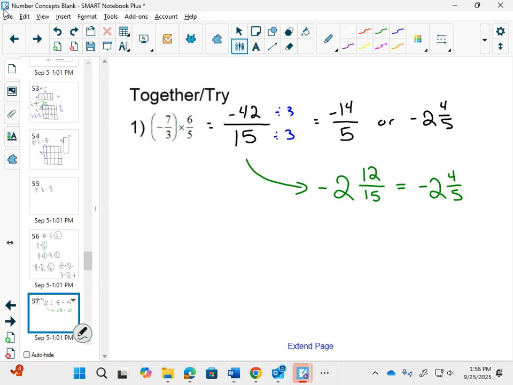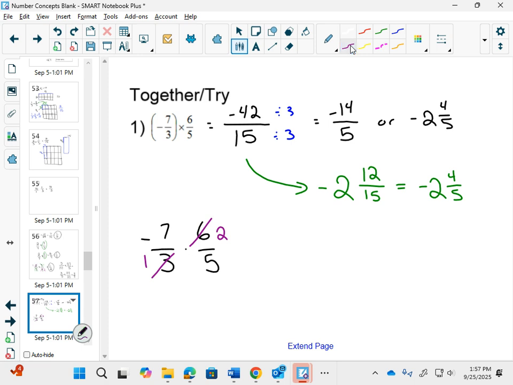Option 3, let's rewrite it again. The better option. Well, if you can simplify early, life gets easier. 7 and 3, they both don't divide by anything. 6 and 5, they don't divide by anything. Then I start looking diagonally. Hey, the 6 and the 3, they both divide by 3, leaving me with 2 and 1.